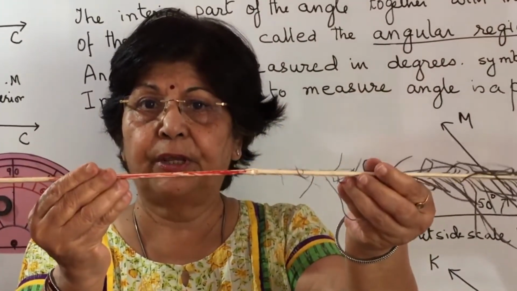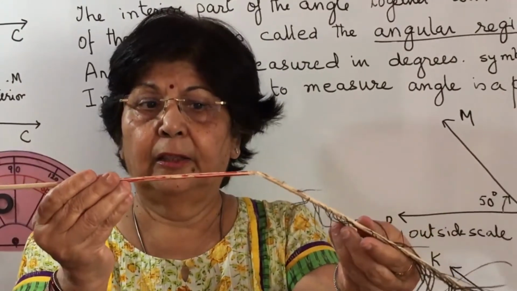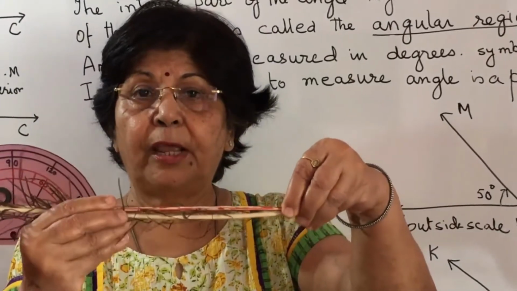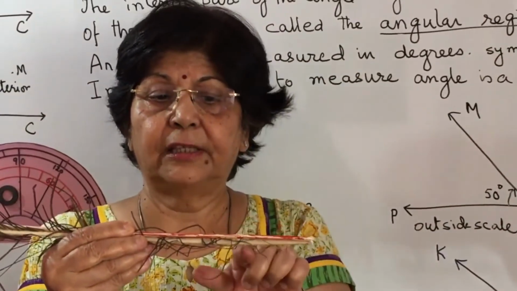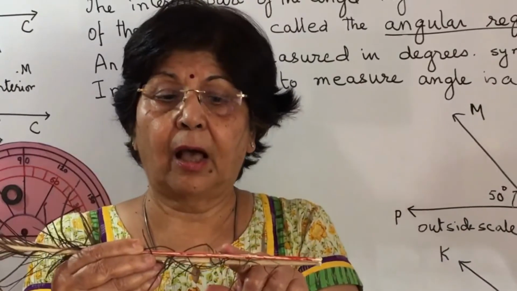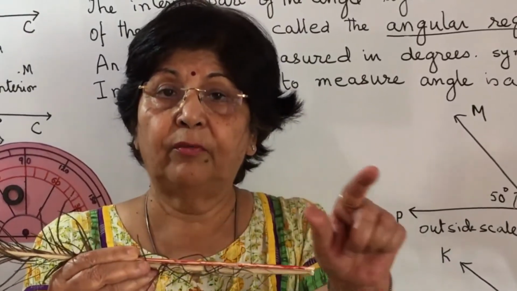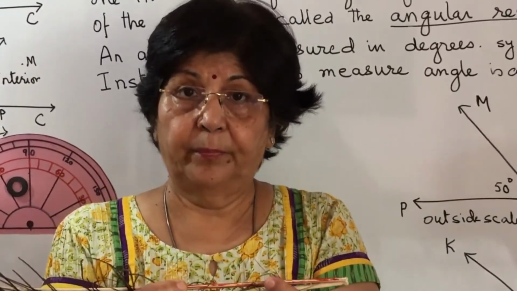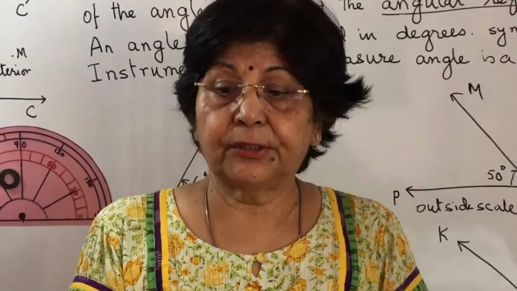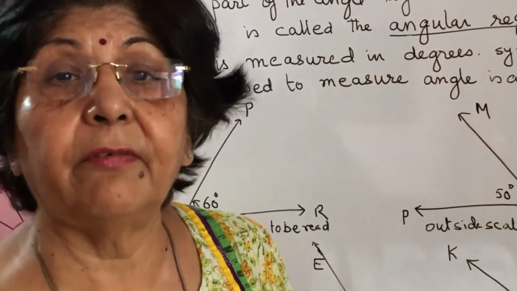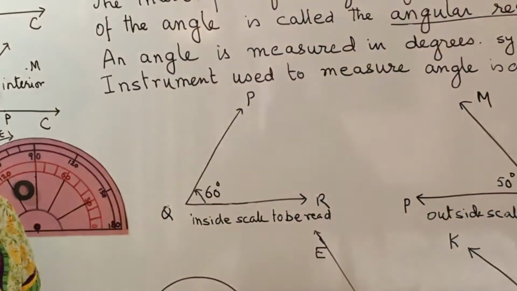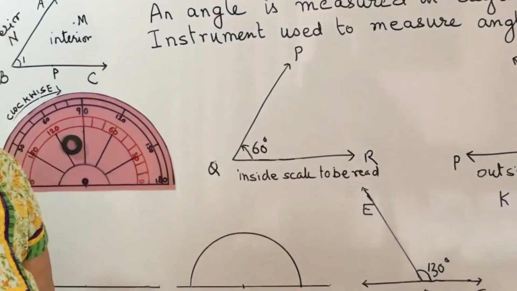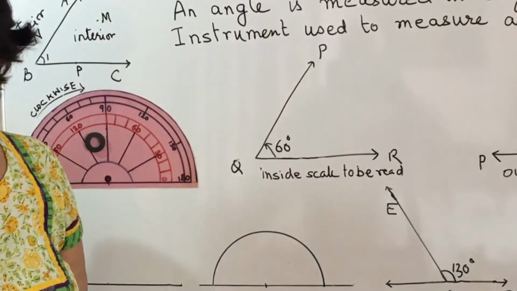And a stage is reached when the angle is equal to 360 degrees. That is when one of the arms completes one full rotation around the other arm. Now this 360 degrees is divided into smaller parts around the circle, and each part will measure a degree.